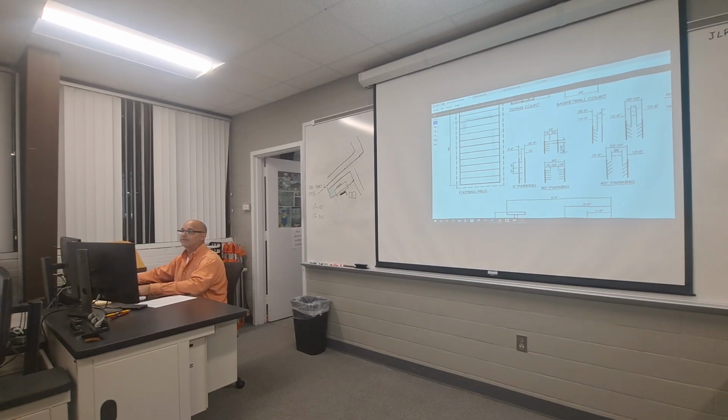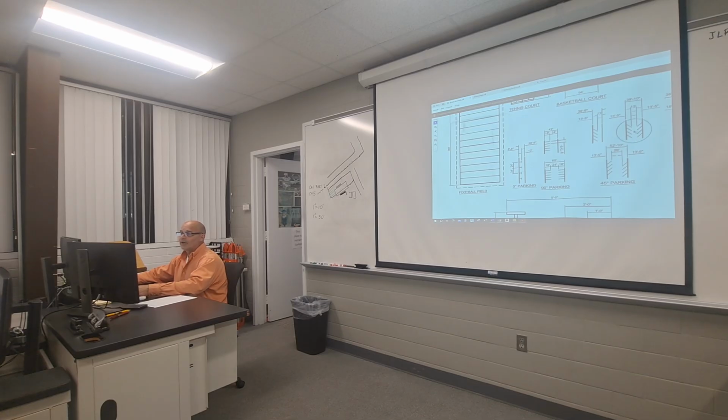Everybody still with me? If you decide to do 45-degree parking, if you got one lane traffic and one side parking, your parking spaces, remember this is 45-degree lines, so you've got 45-degree lines that are 13'5" off of the curb or the end of the parking space. You need 13 feet behind them to be able to pull in and out of those spaces for a total aisle width of 26'5".